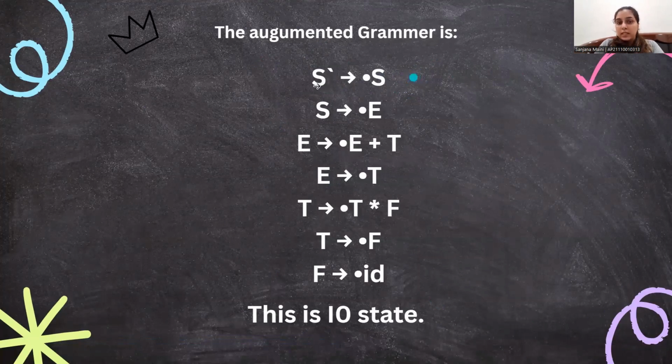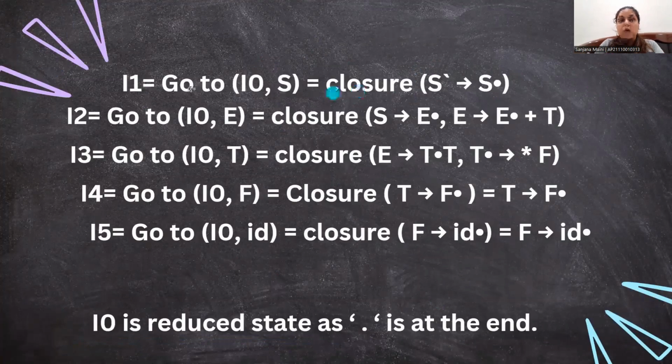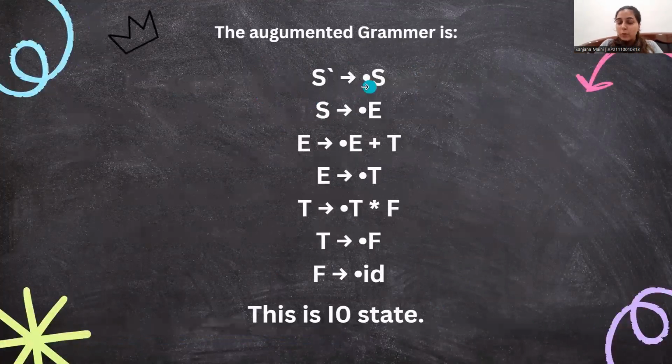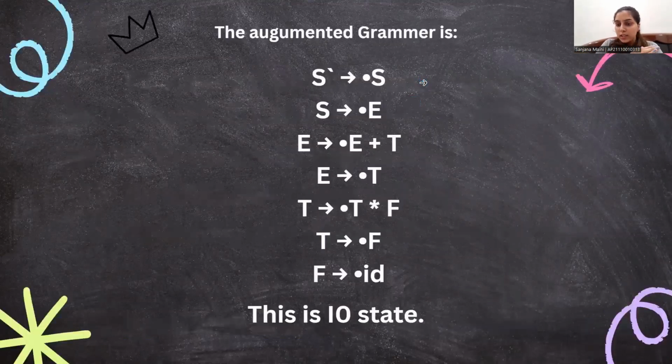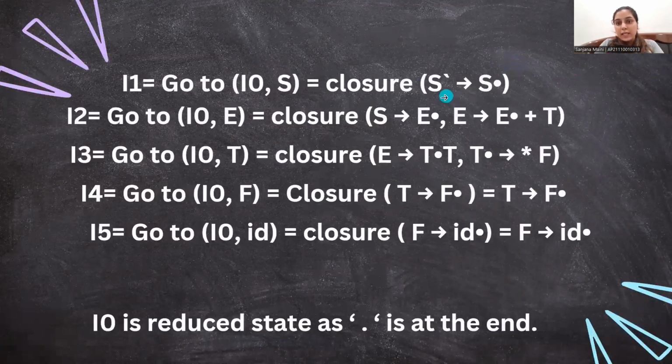Looking at the first production rule, S dash tends to dot S, we do goto of I0 comma S. Applying the goto function shifts the dot one step right, so it becomes S dash tends to S dot. That will be I1.